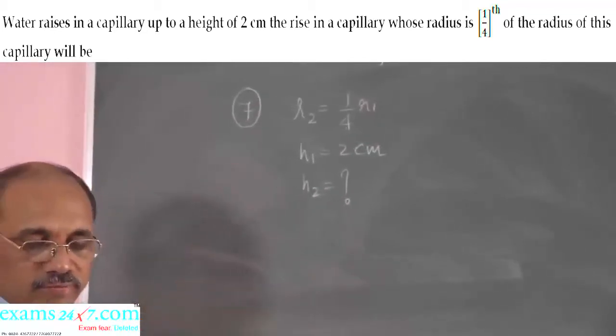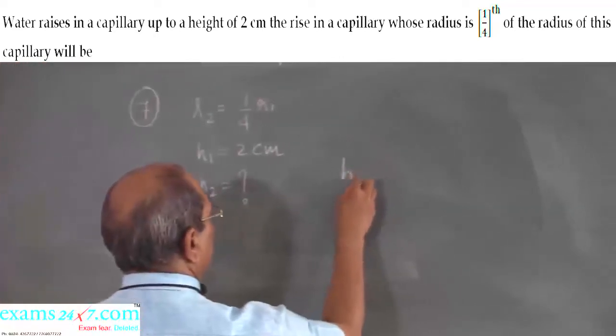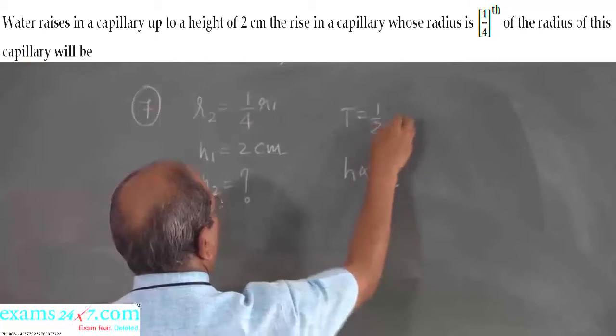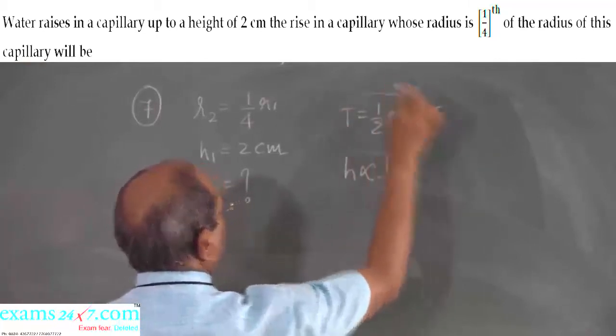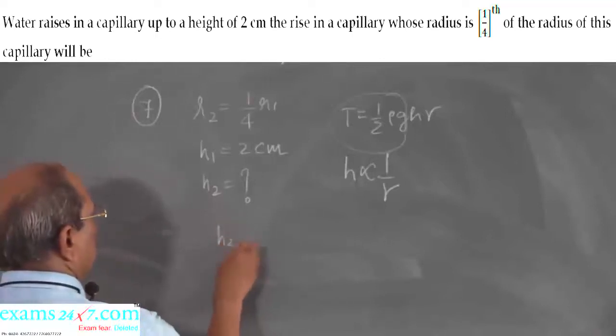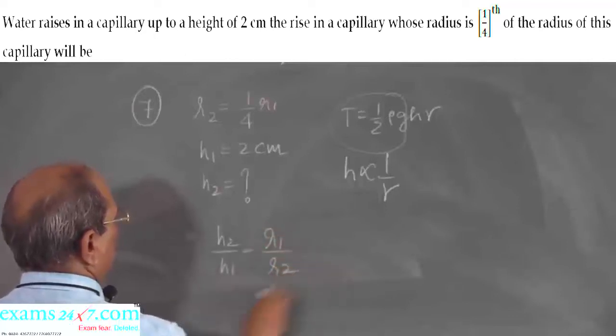Capillary rise, you studied in surface tension: h is inversely proportional to r, because T is equal to half rho g h r, and these are all constant. Therefore, I can write h2 by h1 is equal to R1 by R2.